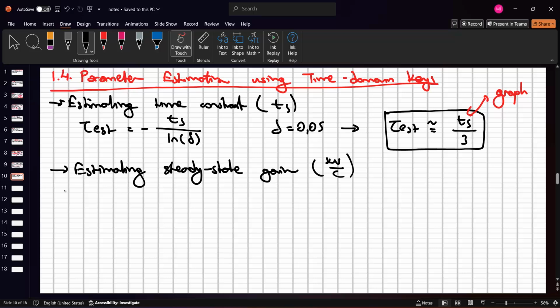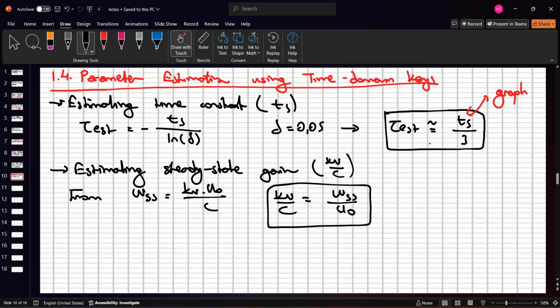Okay, and so from the WSS, which is coming from the graph, and so KV times U0 over C. U0 is known, WSS is known from the graph, and so KV divided by C is equal to WSS divided by U0. Okay, and so these two parameters are found right now because the tau estimate is also J divided by C.